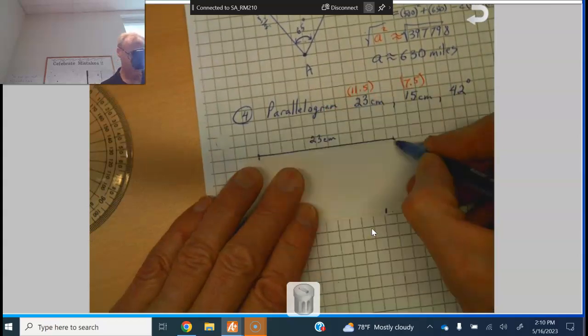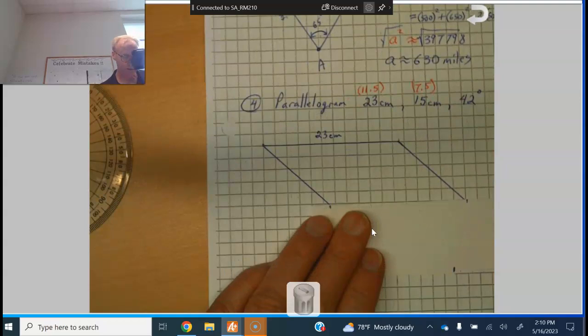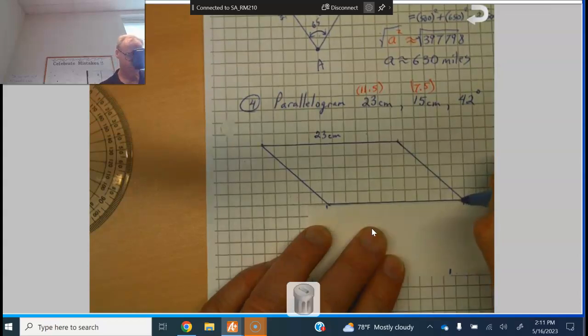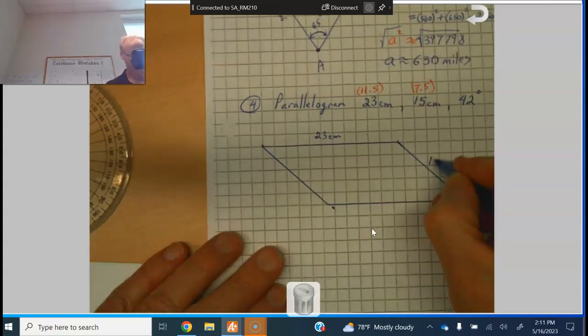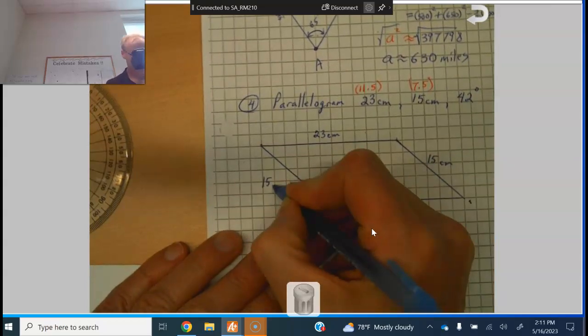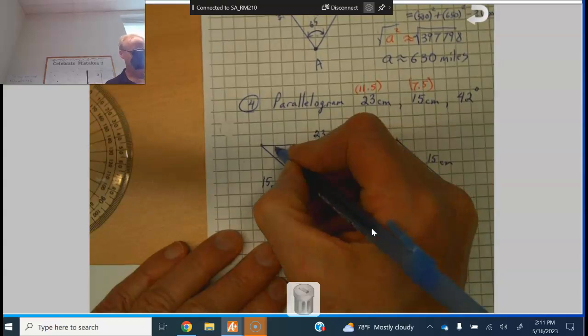I want to make sure I'm actually at the right length, and I am. That is 11.5. Now this angle happens to be 42 degrees.